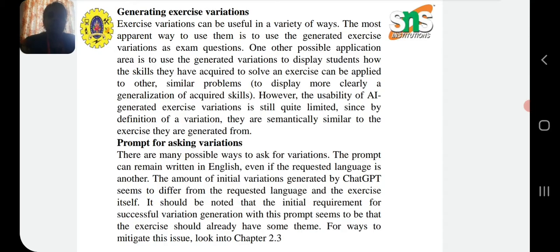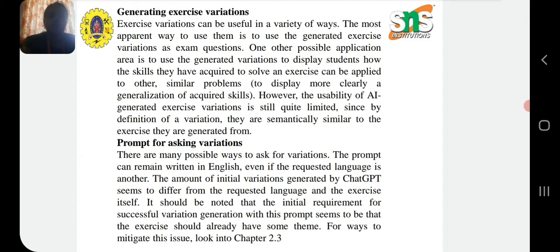However, the usability of AI-generated exercise variation is still quite limited, since by definition the variations are semantically similar to the exercise they are generated from. The prompt asks for variations, and there are many possible ways to ask for them. The prompt can remain written in English even if the requested language is another.